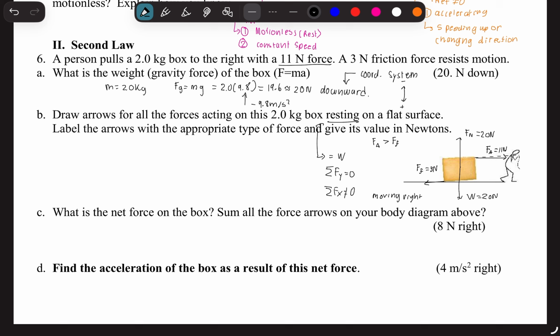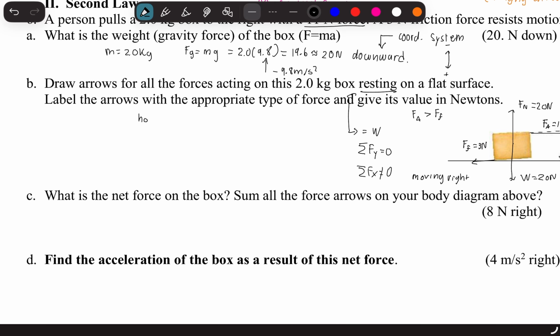What is the net force on the box? Sum all force arrows on your body diagram above. So, in the horizontal direction, well, we can actually just assume, let's just say that it's moving right at a constant velocity to make the second question simpler.